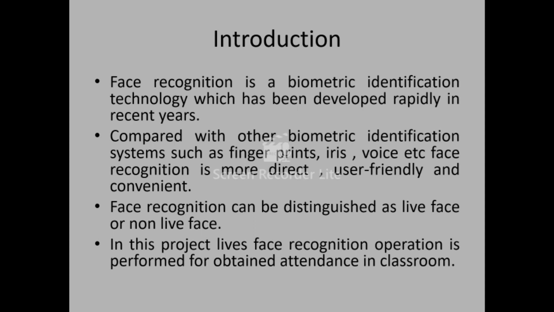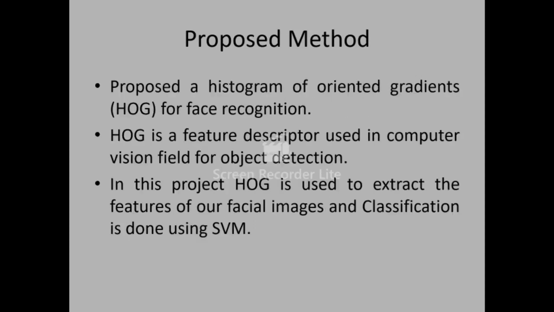As I have mentioned before, we have used HOG, that is histogram of oriented gradients, and SVM, support vector machine. Here is the process of how HOG and SVM are used in this project. HOG is used for object detection and extracting features of the facial image, and this process is done using a webcam which is already placed in the lecture hall.